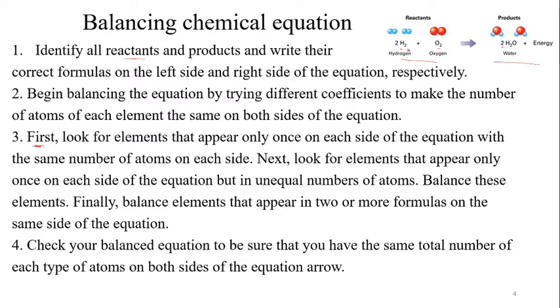But if one of those elements appears on the product side more than once, or appears on the reactants side more than once, I just delay balancing this element and move to the element that appears only once on both sides of the equation. So finally, I should check my balanced chemical equation and make sure that I finally reached the same number of atoms on both sides of the equation.